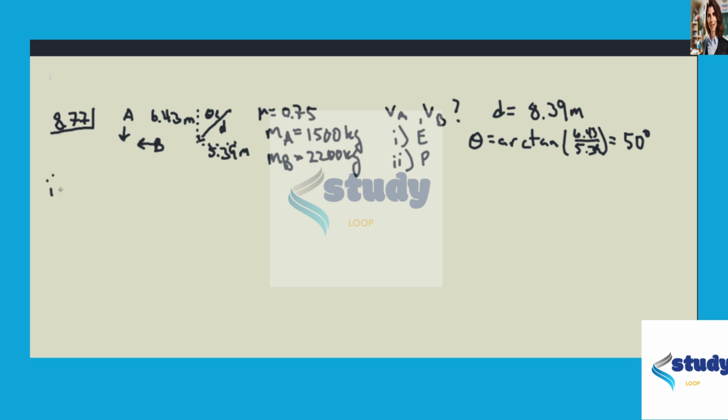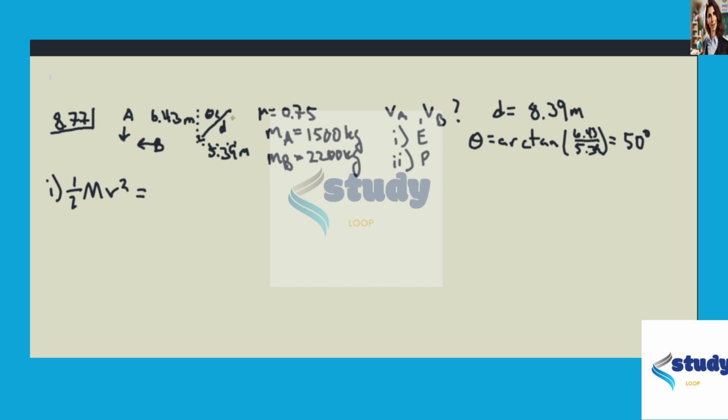So, little Roman numeral 1 here. We know that in order to be sliding in the first place, the combined car object had to have some kinetic energy, and we'll call MA plus MB big M, and their speed right after they started sliding will be just v.